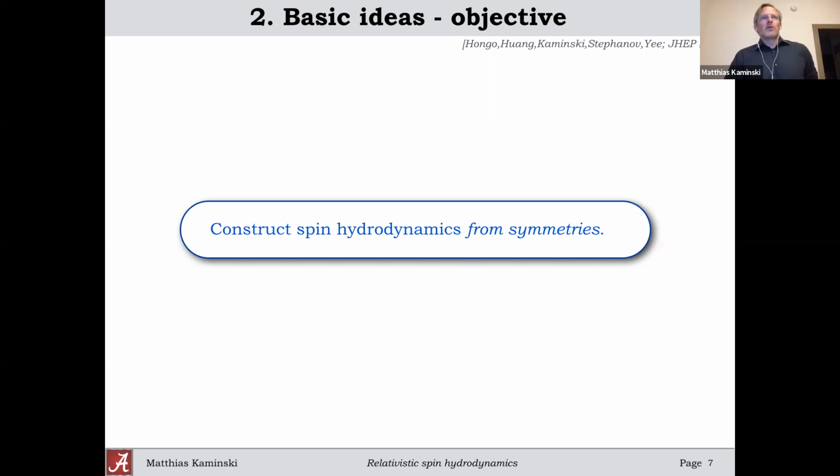So my proposal here is: let's construct a version of hydrodynamics that takes spin into account and create that purely from symmetries. That's what I would like to do. I will let you know to what extent we have achieved this and where the caveats are.